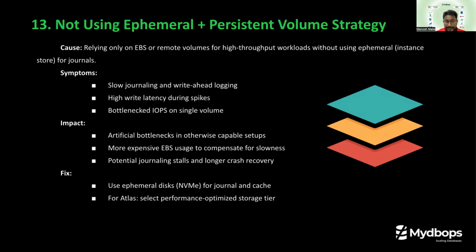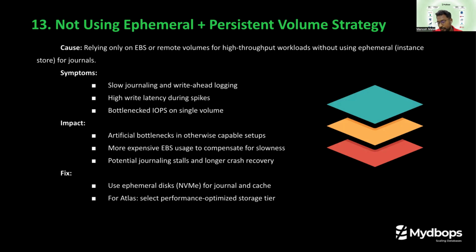Another important item is not using an ephemeral and persistent volume strategy. Very briefly, MongoDB has three important things in the data file base: the log, the journal, and the data files. Whenever we design this, we always push the log to a separate volume, the journal to a separate volume, and the data to a separate volume.